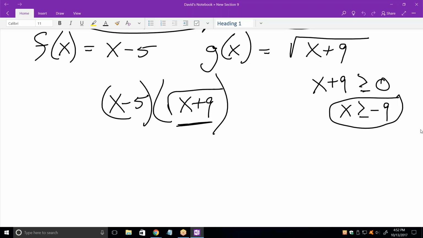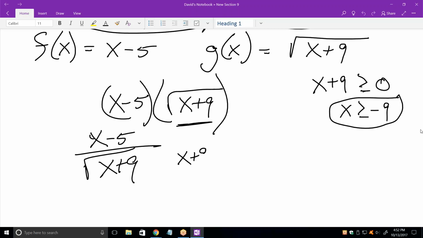However, it does change a little bit when you get f divided by g. In other words, if I have x minus 5 divided by the square root of x plus 9, that is different because now what's inside the radical doesn't have to be greater than or equal to 0. It has to be greater than 0. So here, x plus 9, because I can't have this ending up being 0, then I would be dividing by 0 also.